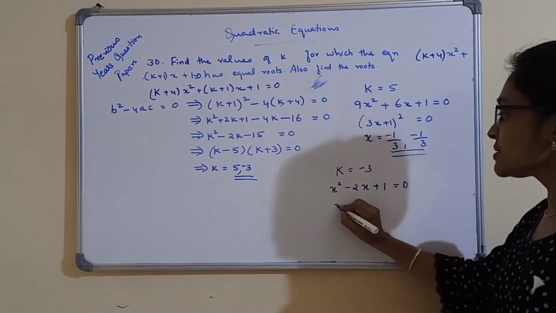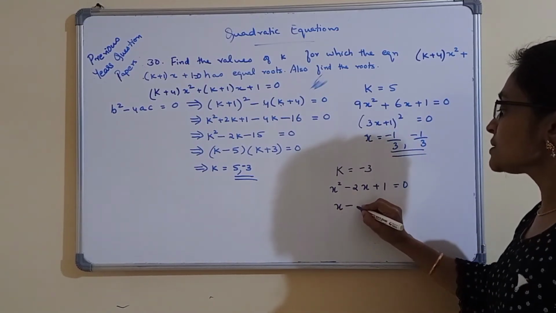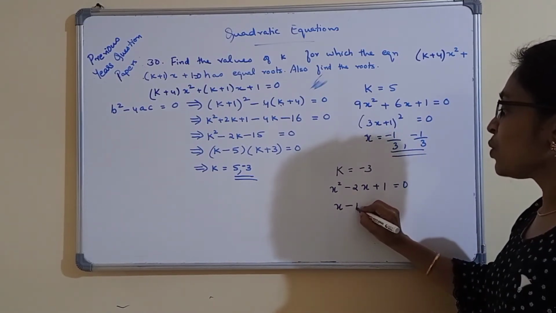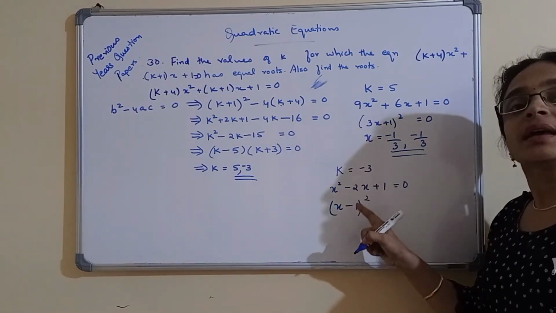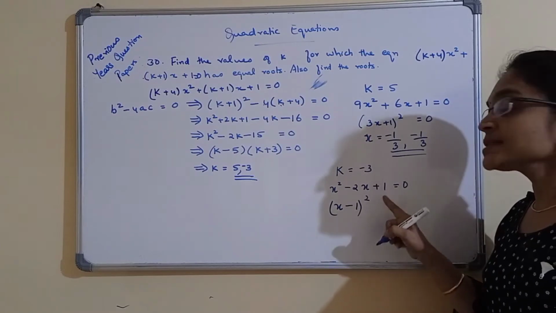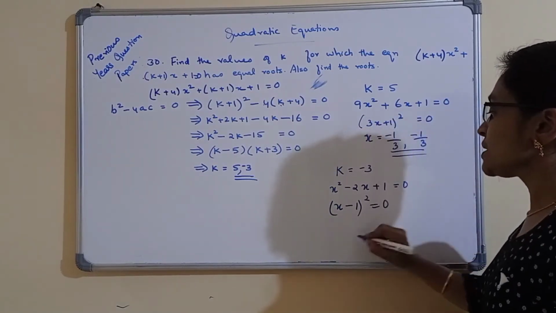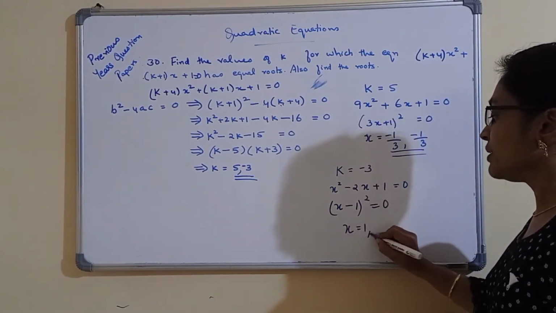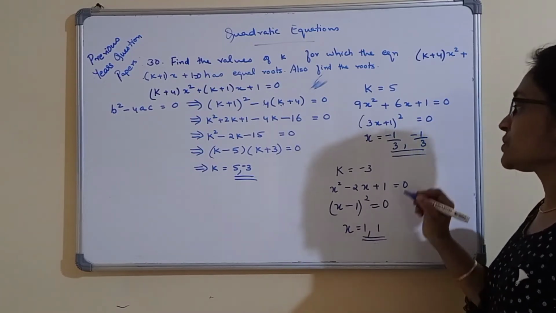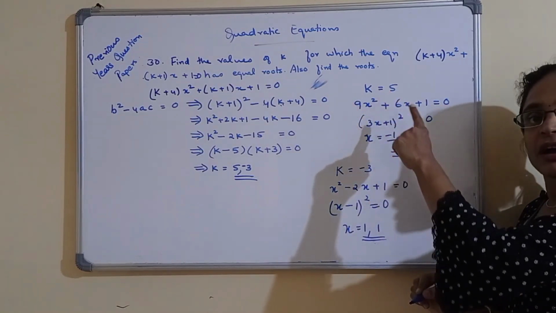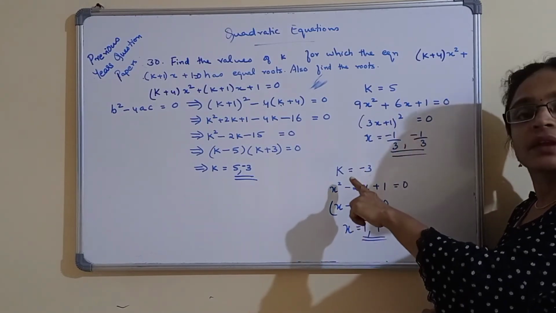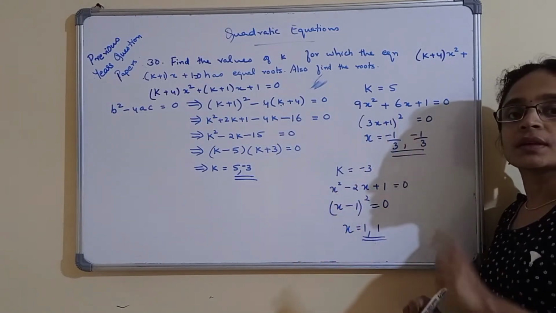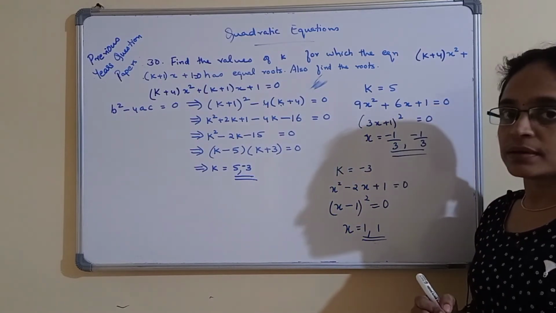So we can write this as x minus 1 the whole square, because x minus 1 the whole square is x square minus 2x plus 1, equal to 0, which means x equal to 1 and 1 are the roots. So when k equal to 5, we got the roots as minus 1 by 3 and minus 1 by 3, and when k equal to minus 3, we got the roots as 1 and 1.